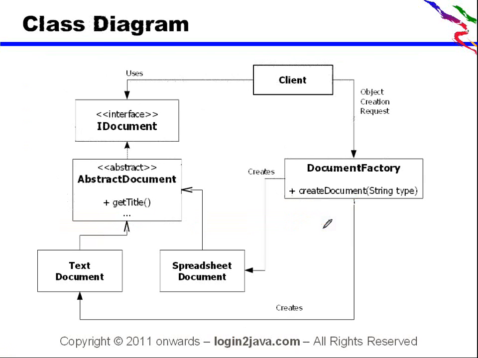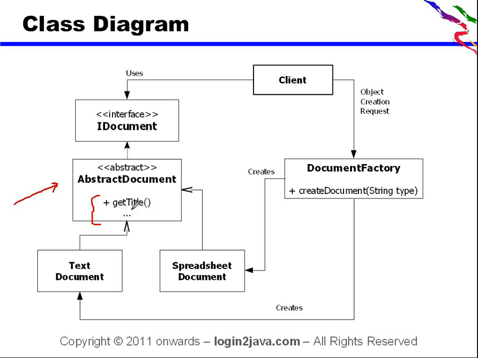What you can do is, you can have an abstract document between the interface and your concrete implementation, where all the common implementation methods can be coded over here in abstract document, like get title, get modification date, get file name, get file path, get creation date.